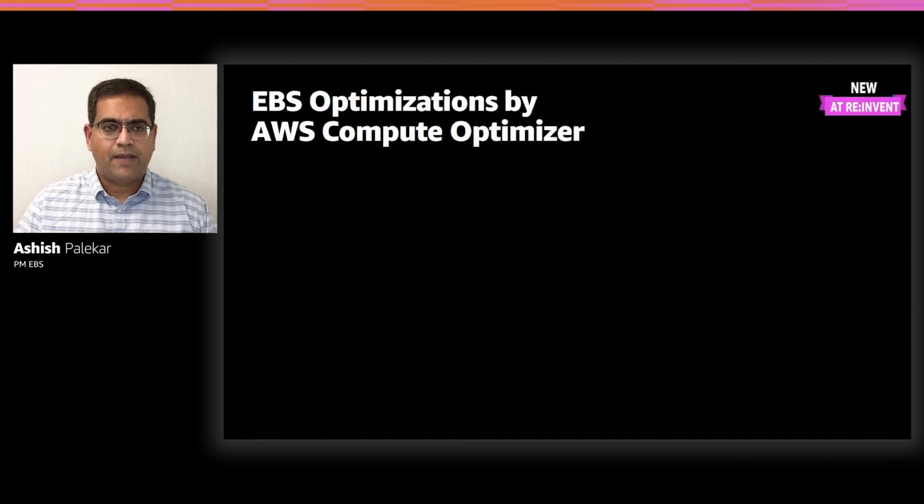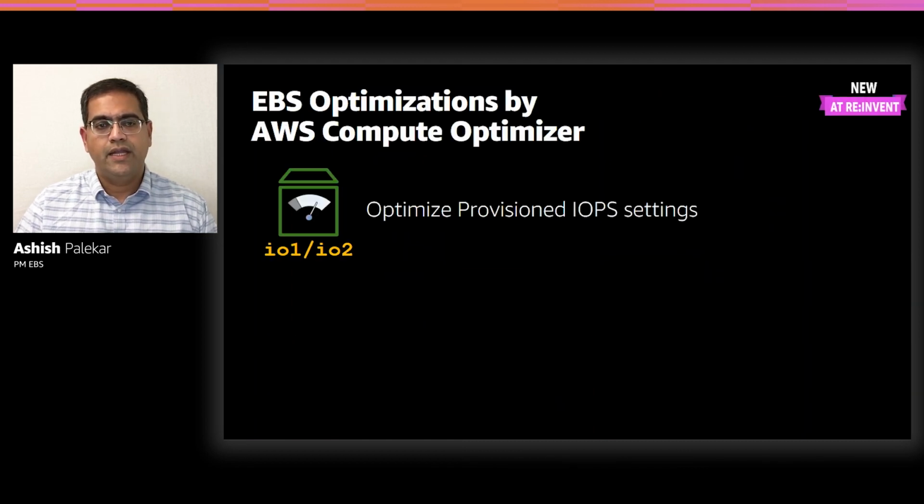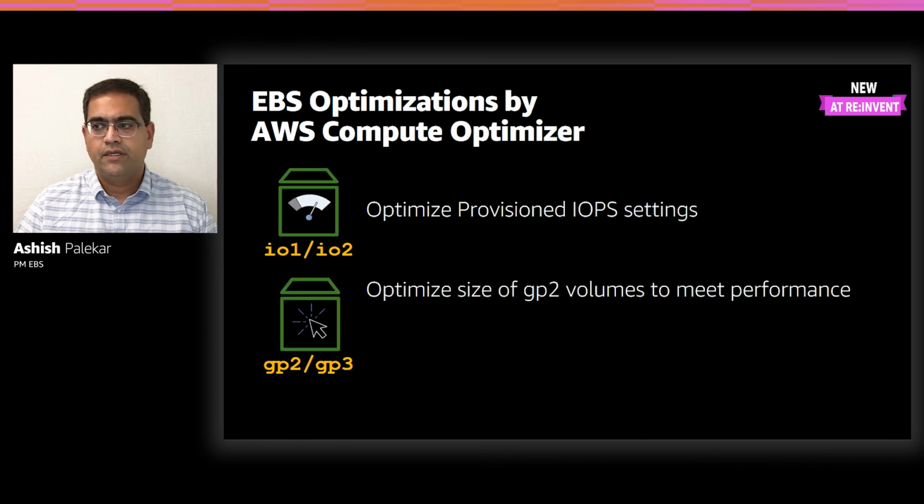And we looked at these patterns and started to integrate that into our automation. And what we're doing is we've integrated these into our AWS Compute Optimizer, where we can optimize your provisioned IOPS setting on IO1 and IO2. We look at thousands of workloads, look at your specific workload, and generate recommendations for you.